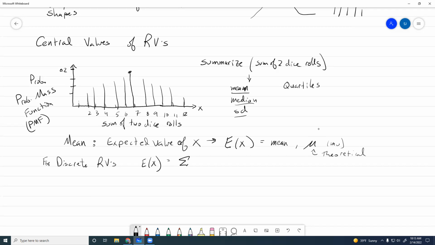But this is just a big mathematical definition: the value of x times the probability of its value. And all of this, if we base it off the theoretical distribution, is going to be equal to mu, the mean of the population.